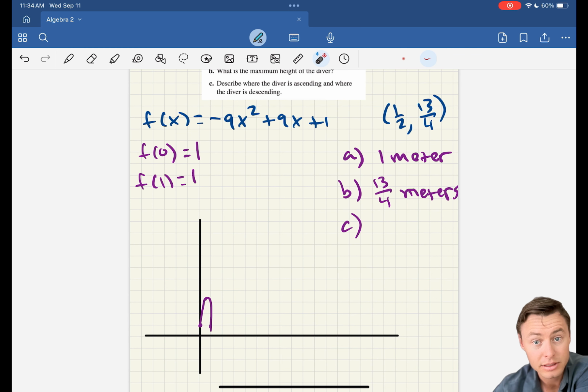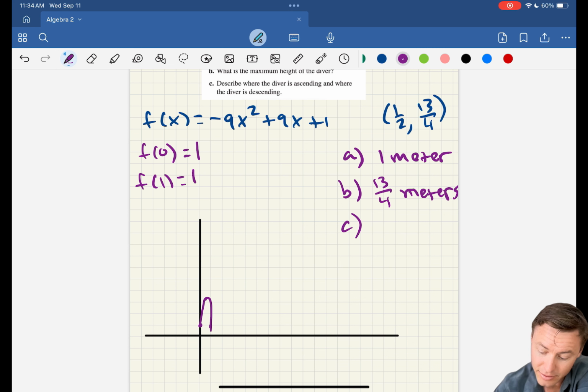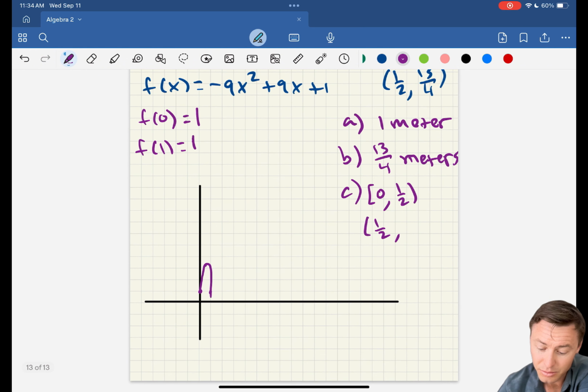The diver is descending anywhere from the maximum outward, away from the diving board. So that would be where the function is decreasing. So we could say that the diver is ascending from 0 to 1/2, and the diver is descending from 1/2 up till he hits the water, which we should probably figure out, where does he hit the water.